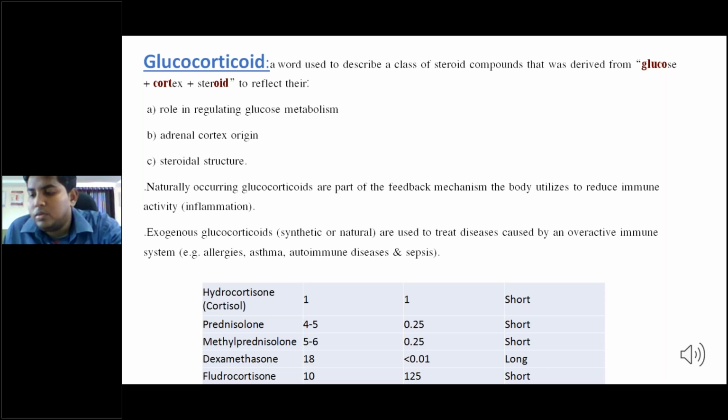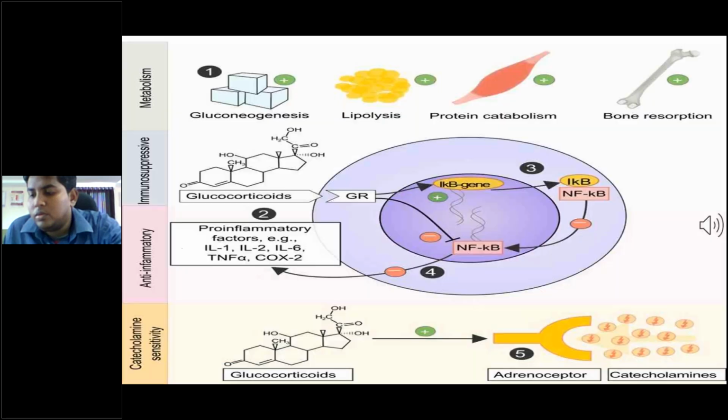They help in the metabolism of glucose, fats, and proteins. So they help in gluconeogenesis and in the catabolism of fats and proteins. Proteins are catabolized and lipids are degraded by lipolysis, and there is bone resorption.